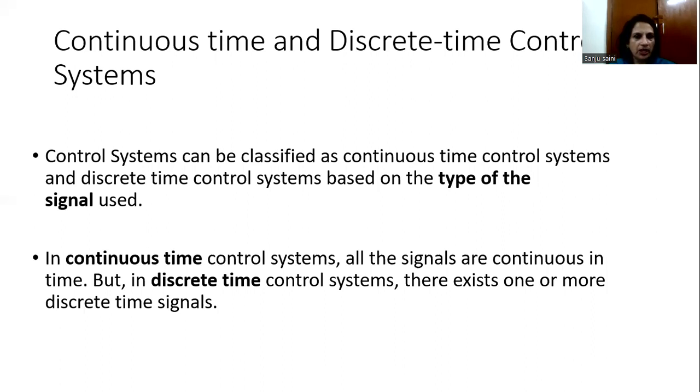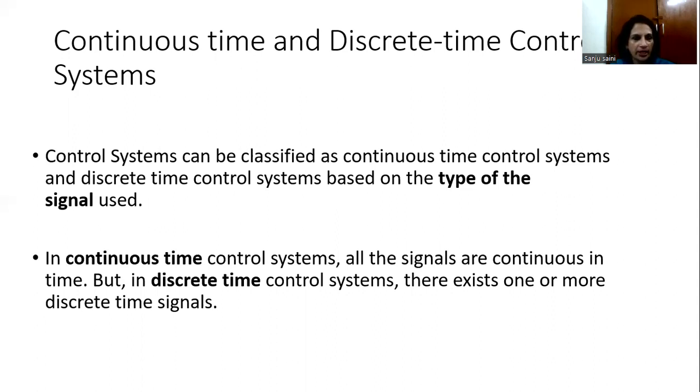So whatever control system we are having, they are not purely digital, because when we talk about the plant, that is using the continuous signal. But when we talk about the digital controller or the computer, it is accepting the digital input.